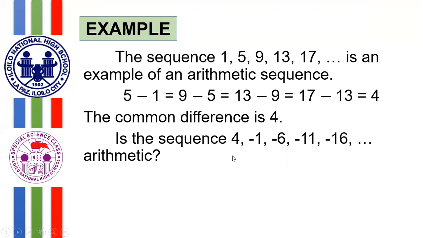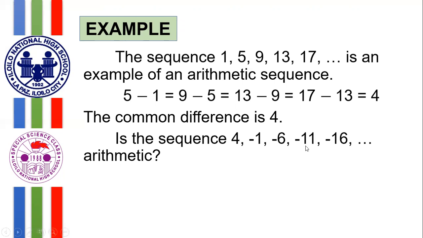How about the sequence -1, -6, -11, -16, and so on? Is this arithmetic? To do this, again, we have to check if it satisfies the property mentioned earlier. So -6 minus -1, that will become -6 plus 1 or -5.